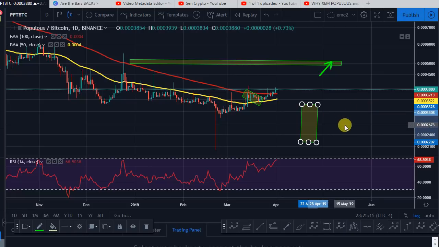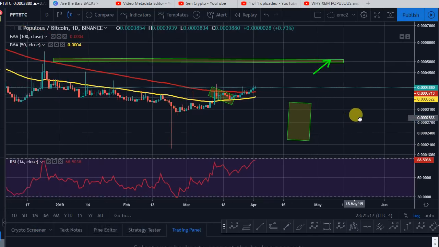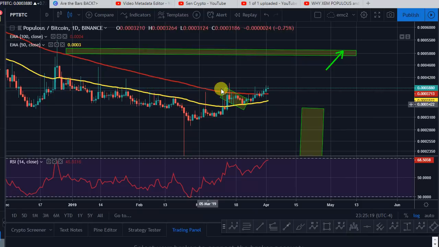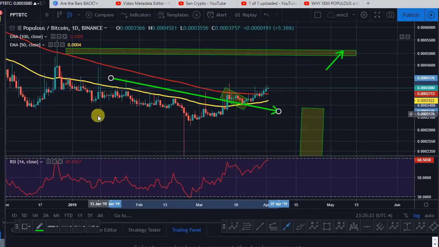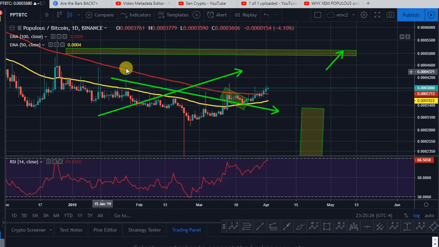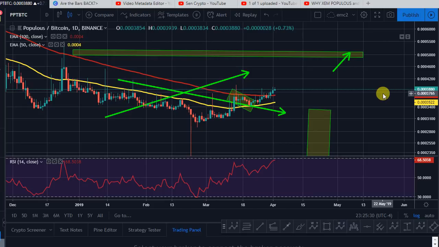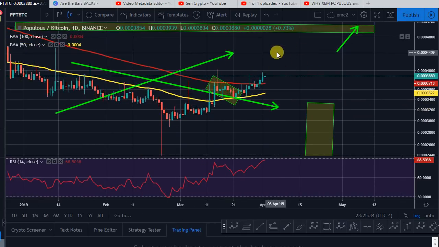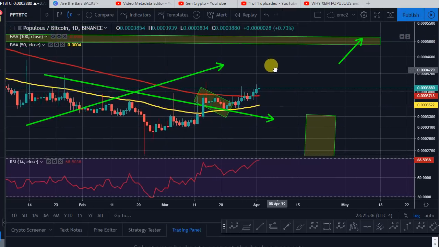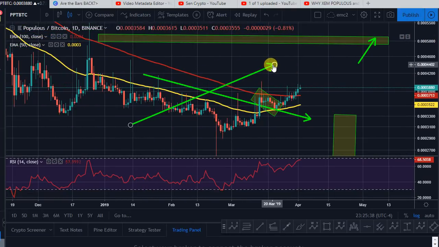So it is not just about TA and putting in some lines and saying this line needs to be broken before you get to that line. It's not all about drawing lines. It's about understanding the market, understanding the pullbacks, and some other stuff, right?